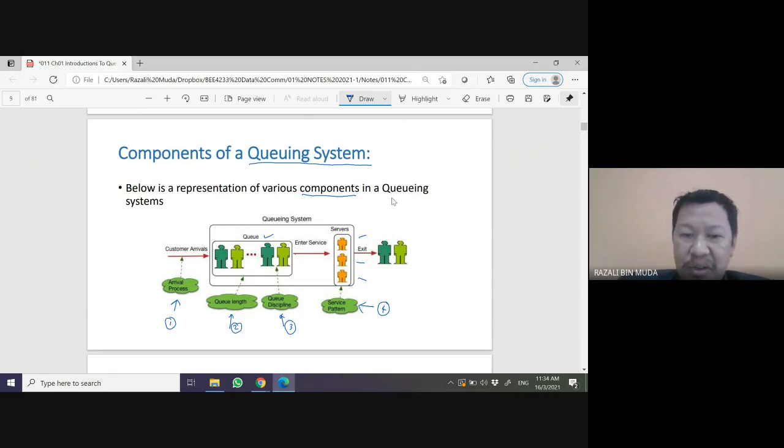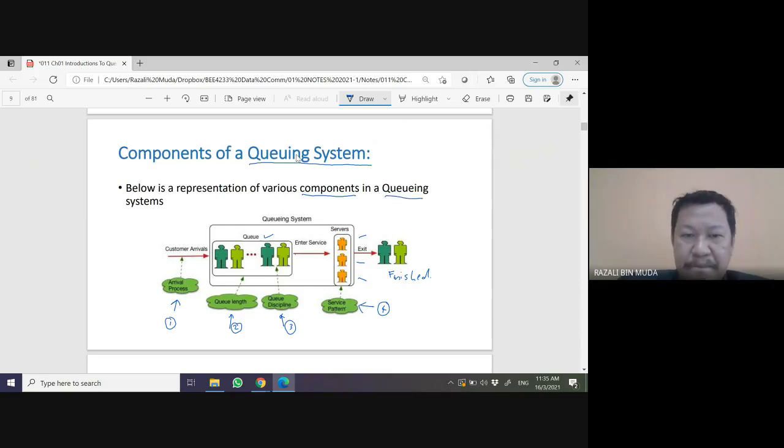This is the service pattern. Sometimes you queue straight to the counter. And after finishing, then exit. Done. So these are basically the basic components of a queuing system.